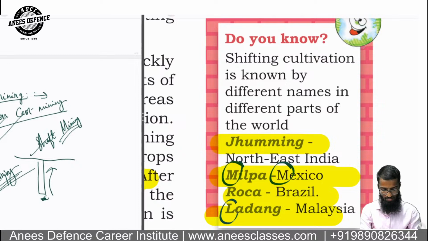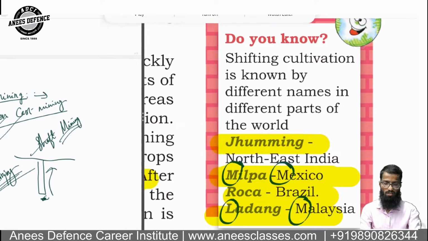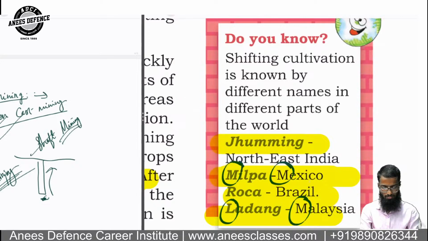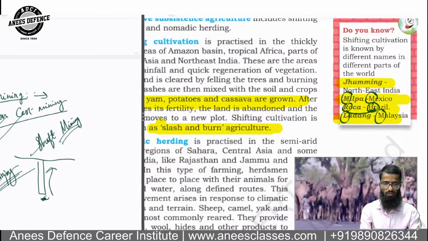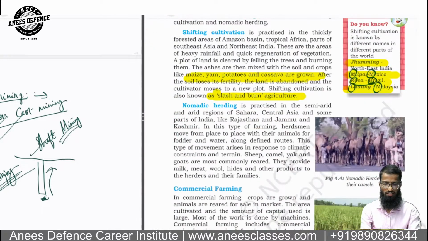In Malaysia you have ML, that is Ladang, Malaysia, and in Brazil you have Roca, BR, Brazil. So it is very easy for you to understand if you create mental hooks, right?